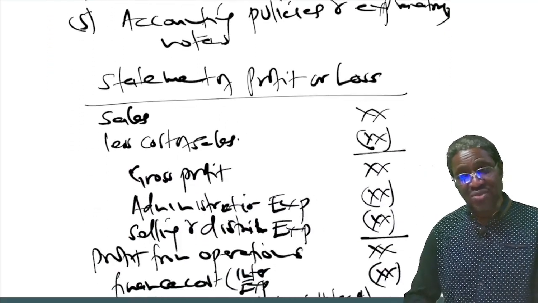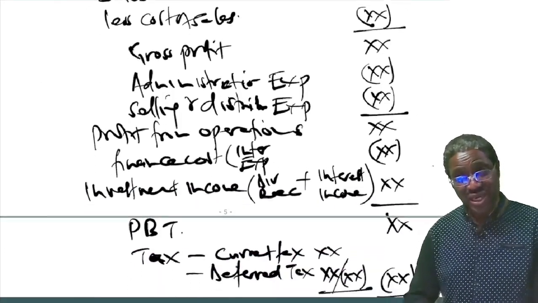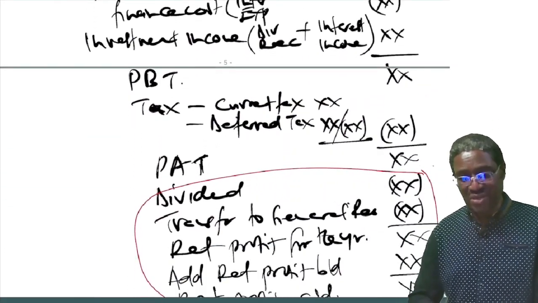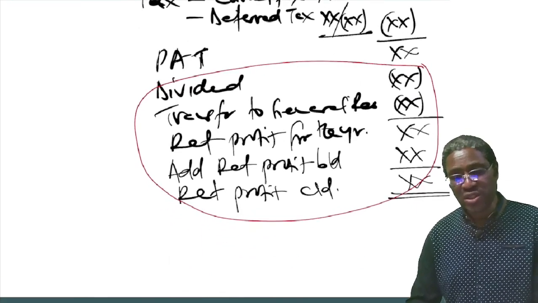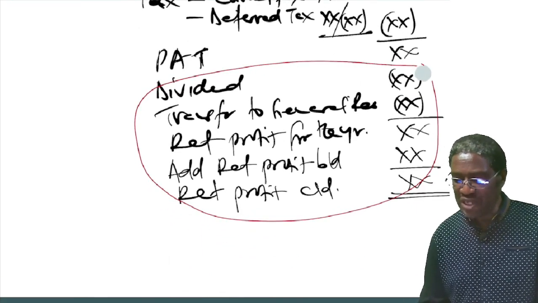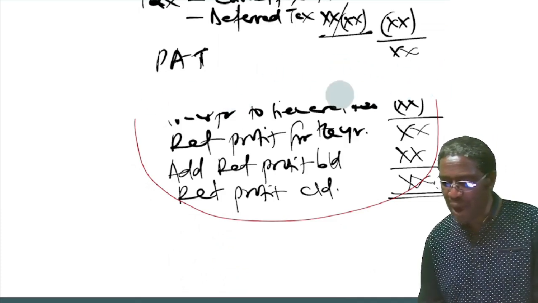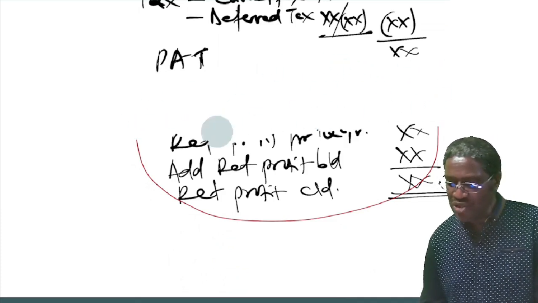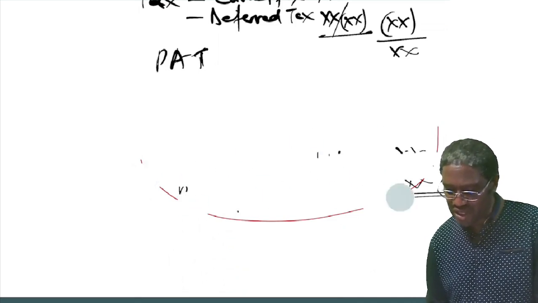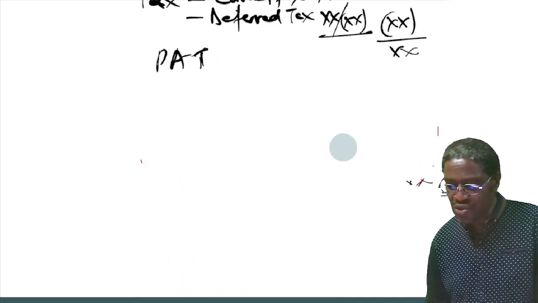So in other words, once you get your profit after tax, when you are preparing the income statement for publication purposes, it means you are through.